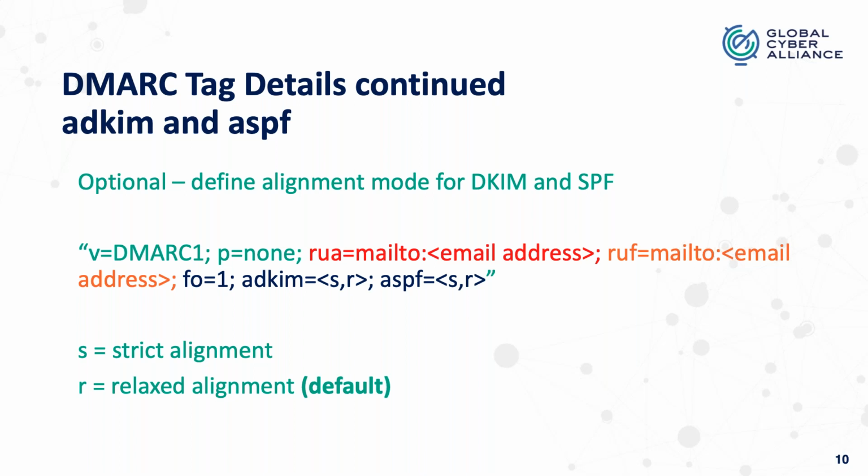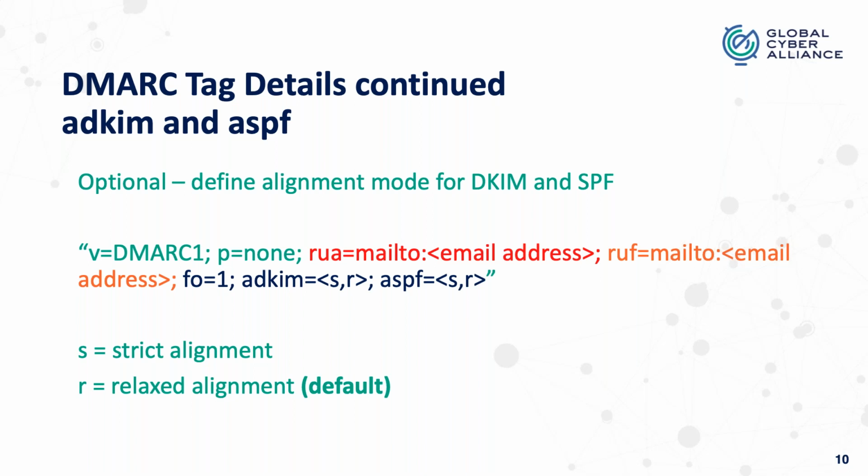By default, it's relaxed because what could happen is that if your from domain is globalcyberalliance.org, but SPF or DKIM happens to be a subdomain or the other way around, so if your from domain is a subdomain, but your SPF and DKIM is using the top level domain instead, it's saying, okay, it's relaxed, it's fine, we'll accept those. We'll allow that to pass.